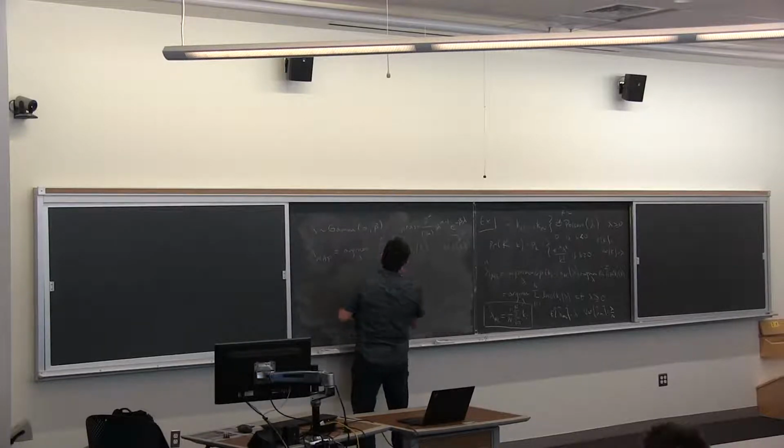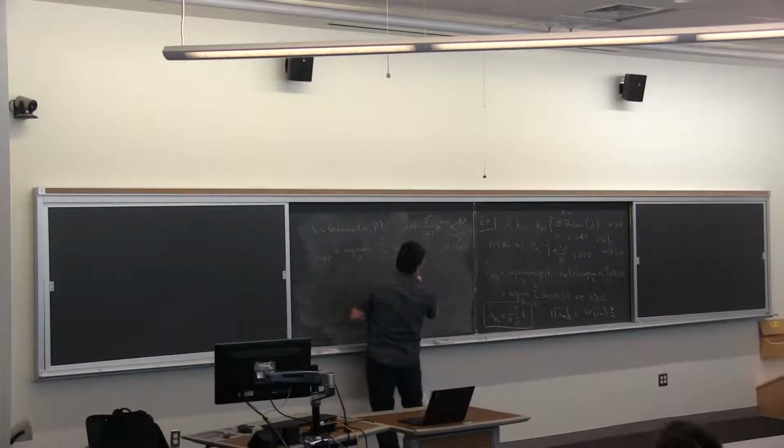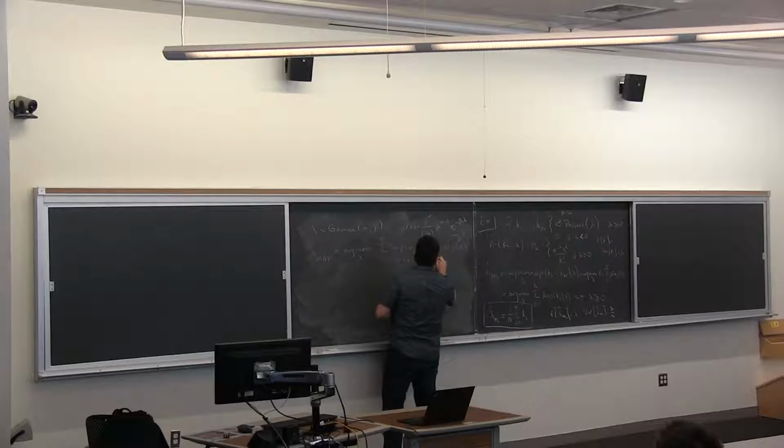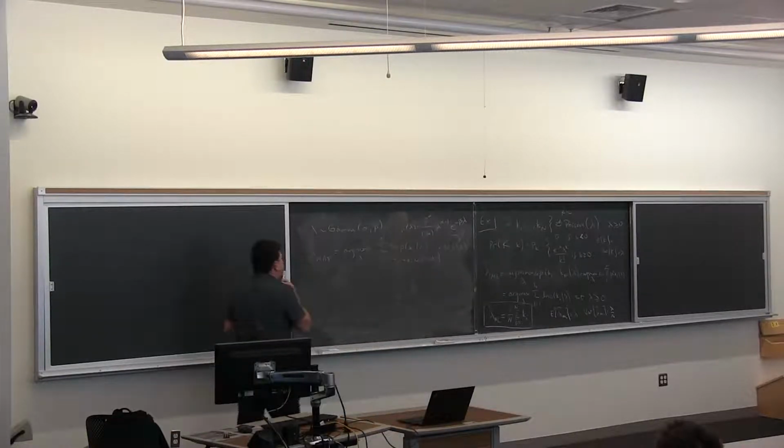Okay, so again, let's plug in here. Log prior is, okay, so negative lambda plus k_i log lambda minus log k_i factorial. Okay, so that's what we have here.